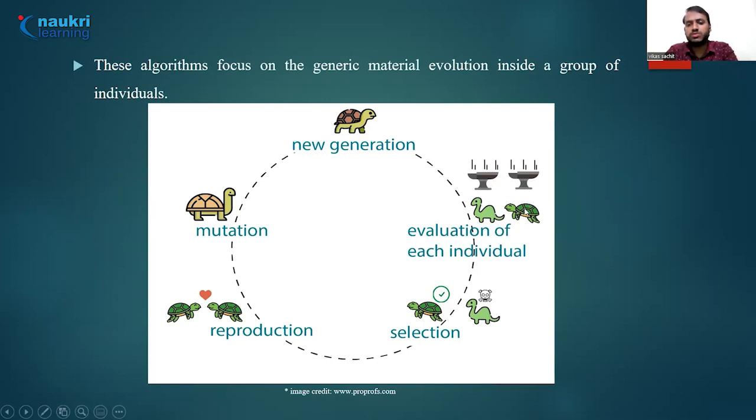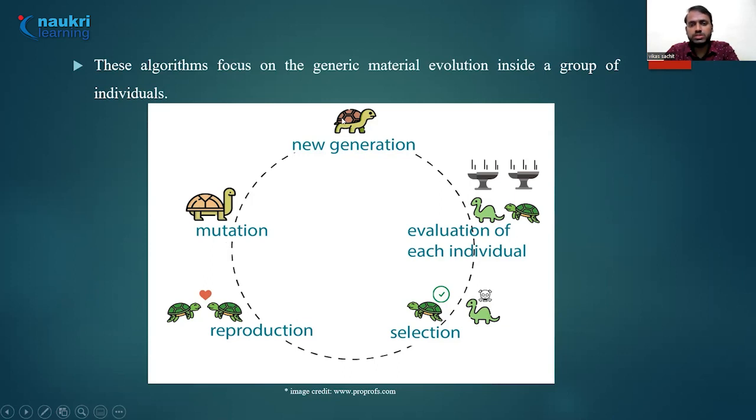Once the fittest one is selected, thereafter we will do the reproduction. The fittest one will try to reproduce, which gives birth to a new child. Then we will do a mutation on this. What is mutation? We will discuss it in a while. And after the mutation, what comes up is a new generation.